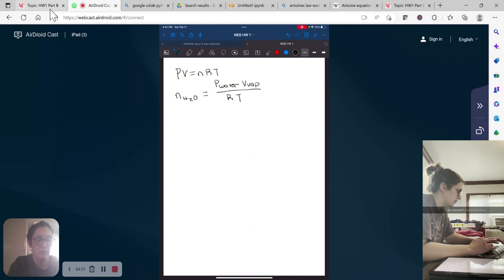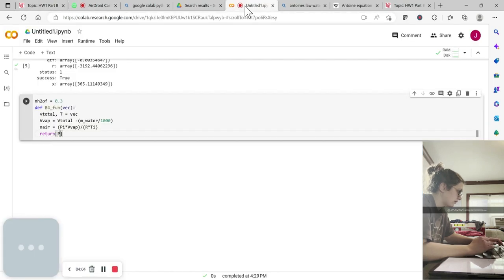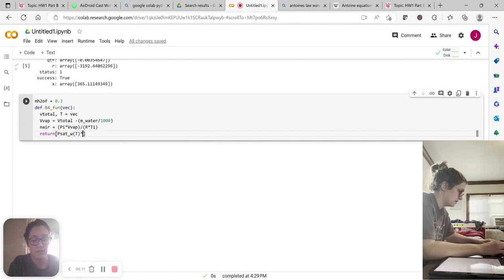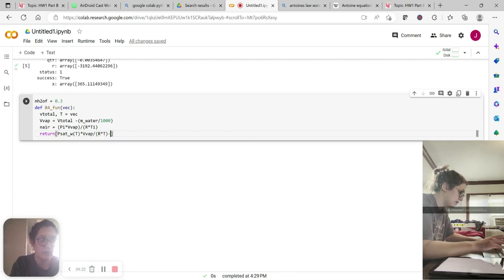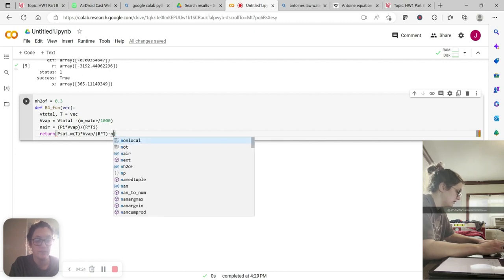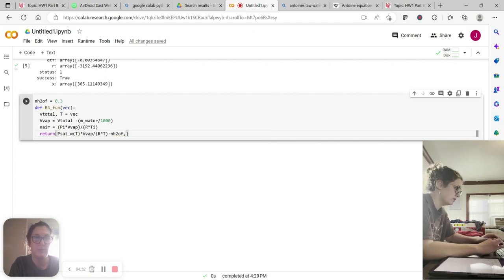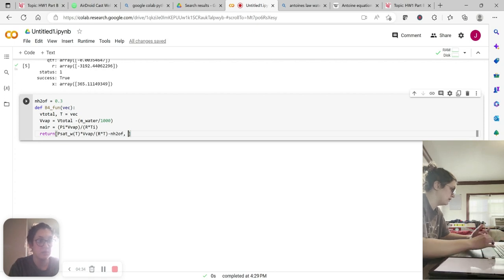So we are going to do Psat_W times the volume of the vapor divided by R times T. And then we are going to subtract the number of moles so that we set that equation equal to 0, and then we will be able to take the root of that. And for the temperature, it's going to be the same exact thing that we did in B1.